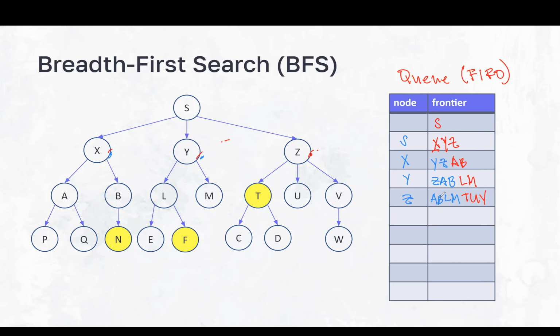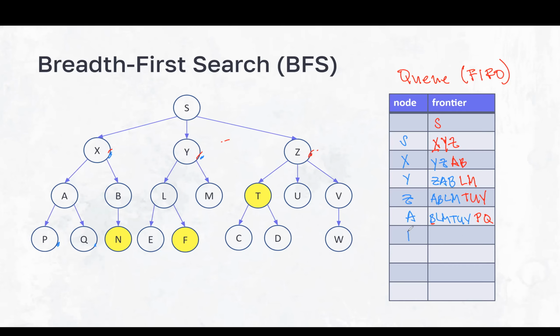So the same process goes again. We extract A here, then check A for the adjacent nodes, which are P and Q, and then rewrite everything in our queue, which is B, L, M, T, U, V. Then insert P and Q last. Then extract B, which is our next node.